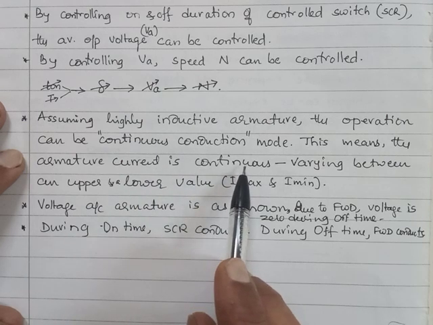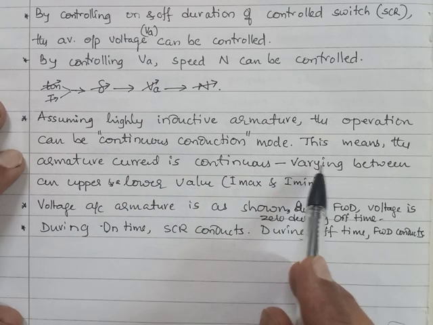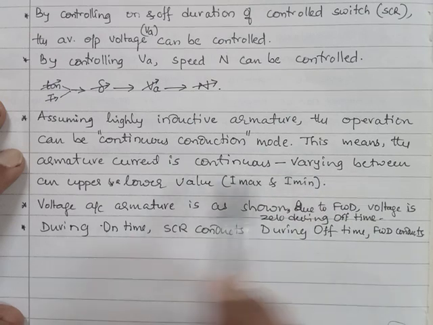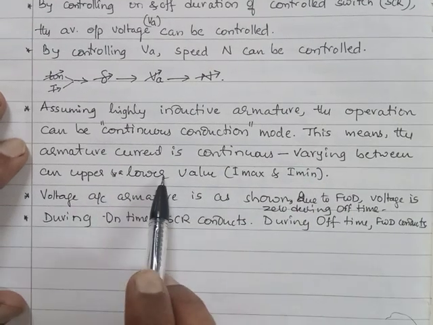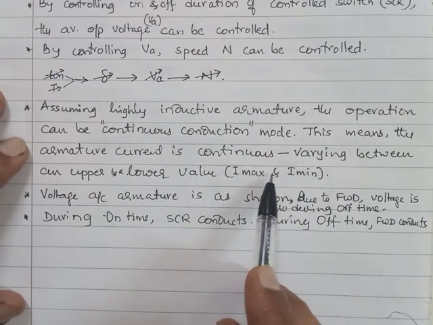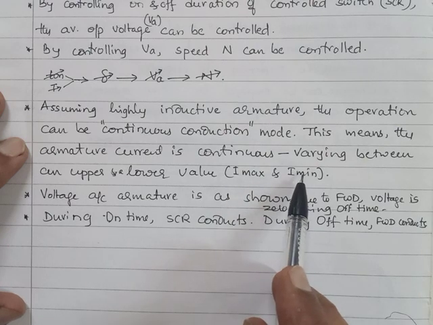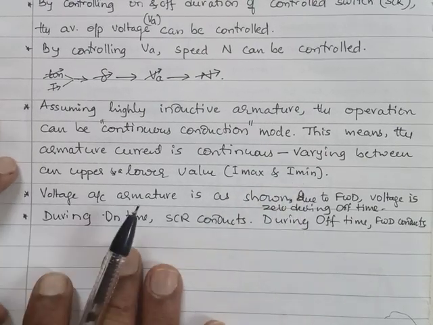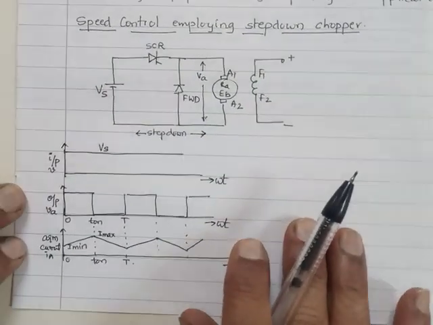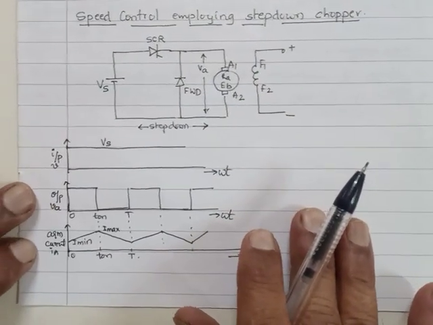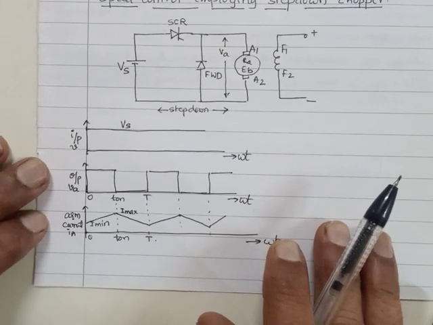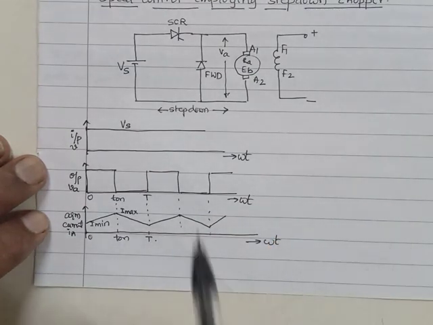And typically, the current will be varying between an upper and a lower value, I max and I minimum. And voltage and current waveforms for the motor armature will be as shown. Please focus on this.